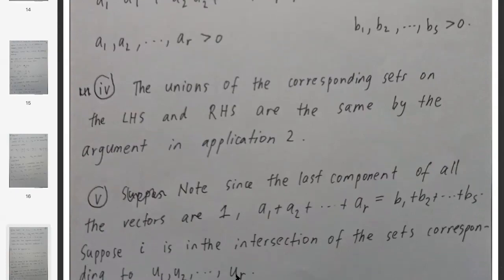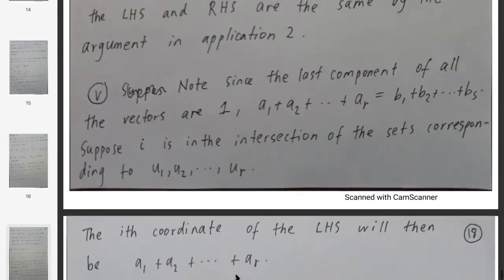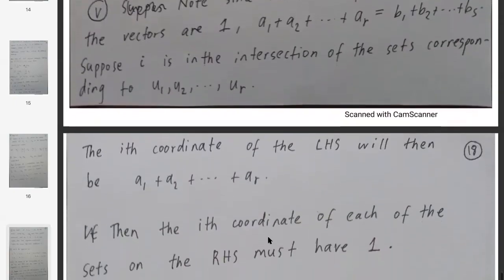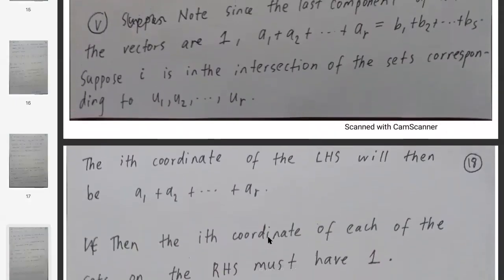Okay, the ith coordinate of the LHS will then be a1 plus a2 plus ar. Okay, and now let's look at the ith component of the RHS. Suppose the ith component of the RHS does not contain a 1 somewhere.